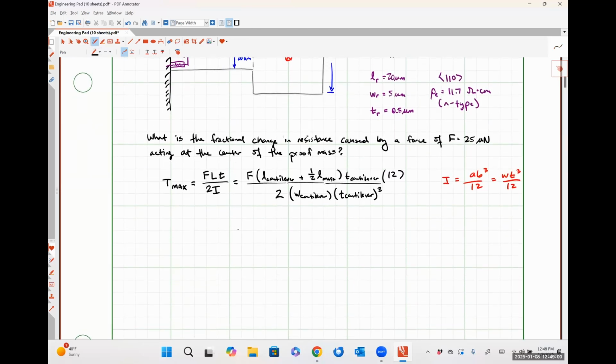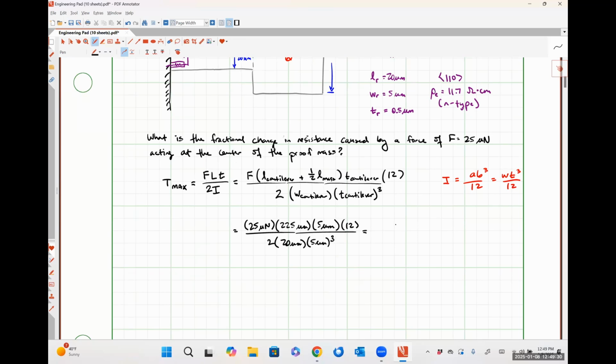So substituting in our numbers here, we would have 25 micronewtons times 225 micrometers times 5 micrometers times 12 over 20 micrometers times 5 micrometers quantity cubed.